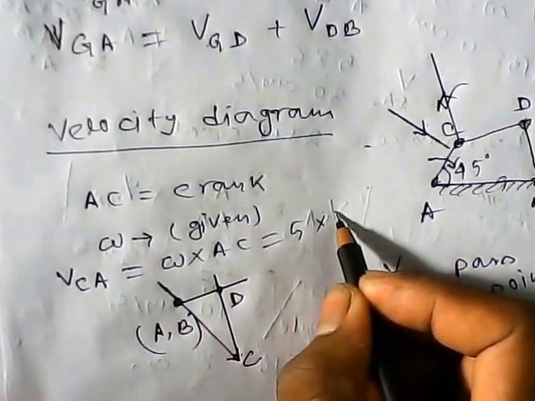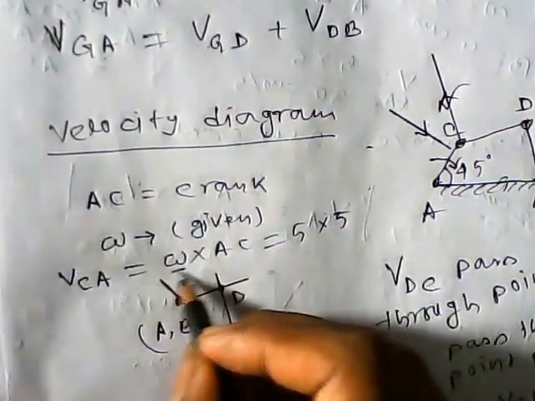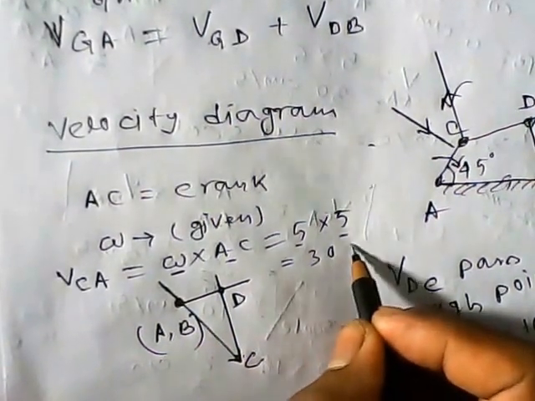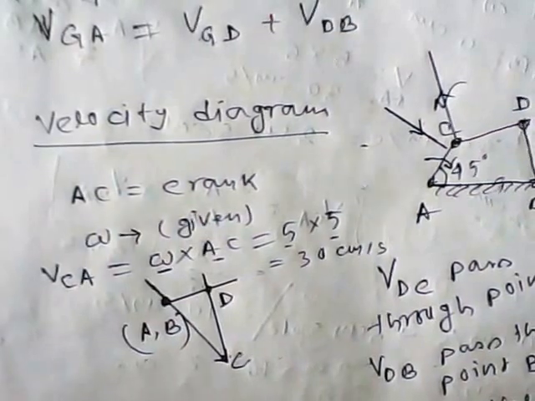Suppose the omega value is 5 and the AC value is 5, so the velocity of the crank is 30 centimeter per second.